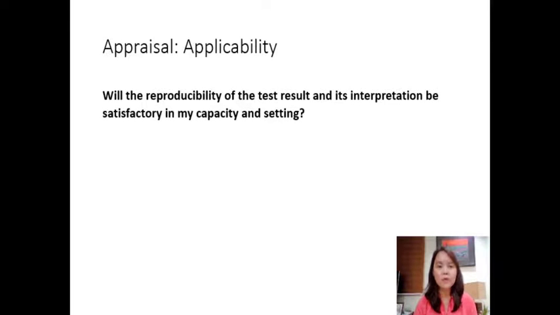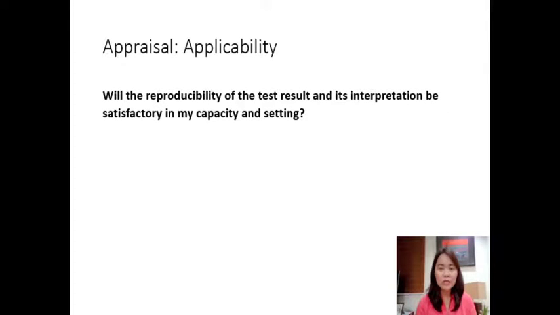Next, will the reproducibility of the test result and its interpretation be satisfactory in my capacity and setting? So here we just look at a detailed explanation step by step of how the test was done, what test kit were used, what specimens were important, so that we can replicate it in our own setting.